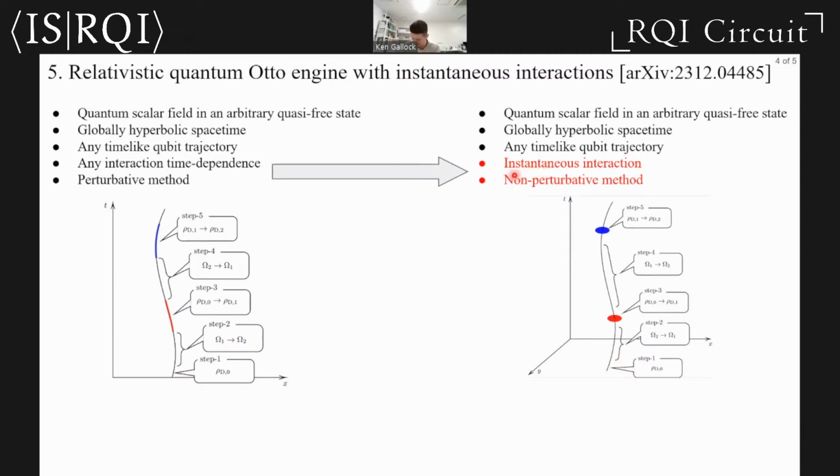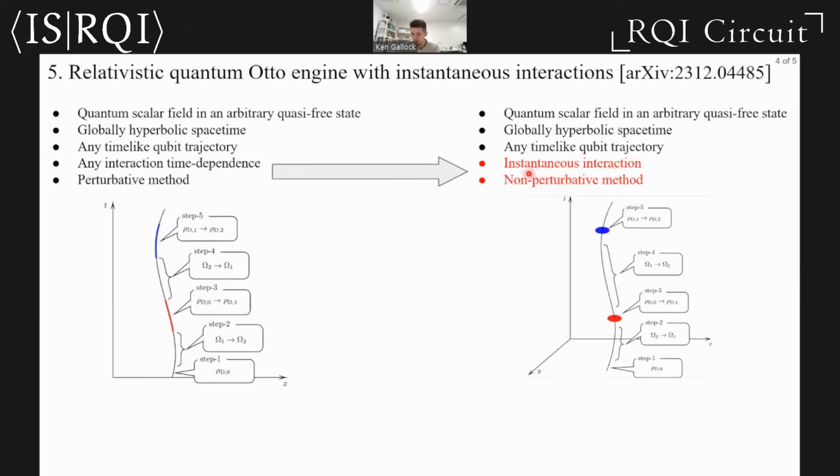And it is interesting because instantaneous interaction in the context of quantum thermodynamics is the very opposite of what people usually do, because usually people consider sufficiently long-time interactions. But we instead ask, what happens if I take an instantaneous interaction?